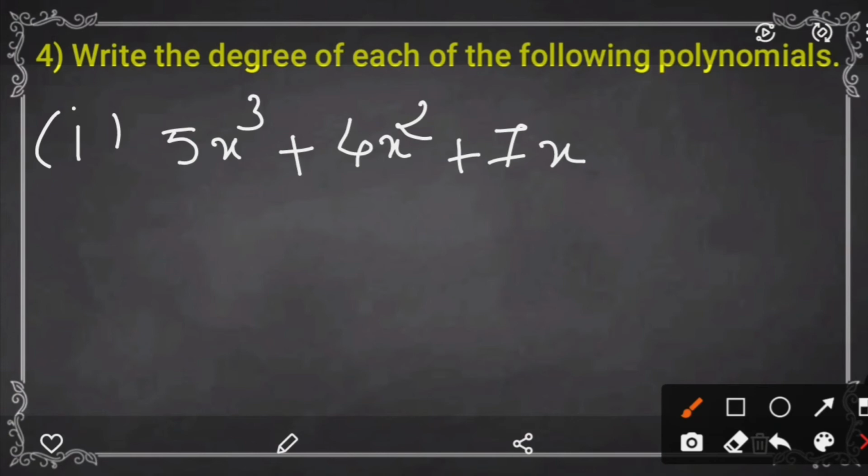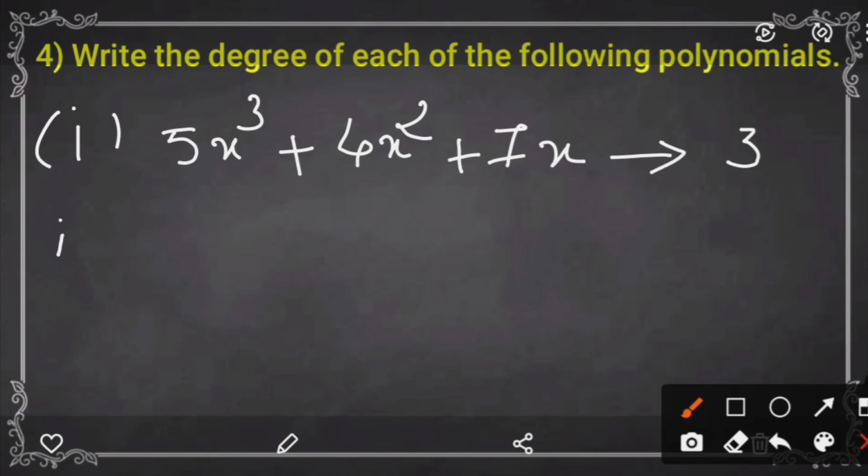First we have to see the degree of each term. Here the degree of x is 1, here x is 2, here x is 3. Which is highest here? This is highest, 3. Therefore the degree of this polynomial is 3.